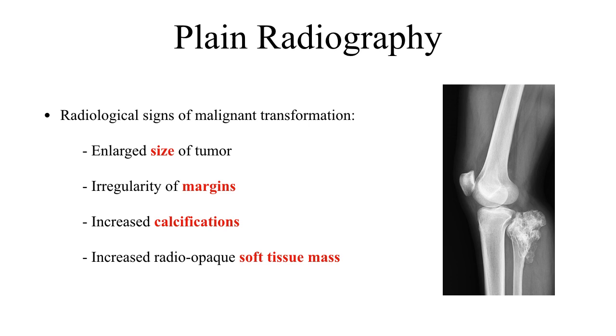Like the clinical signs which I have told before, which might indicate malignant transformation, there are some radiological signs of malignant transformation of this benign tumor, like enlargement in the size, irregularity of the margins, increased calcification of the tumor, and increased soft tissue mass, which indicates involvement of the adjacent soft tissues. So these radiological signs should alert us that the benign tumor is turning into malignant.